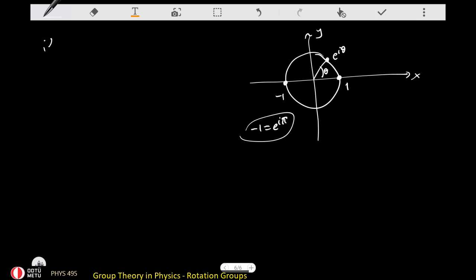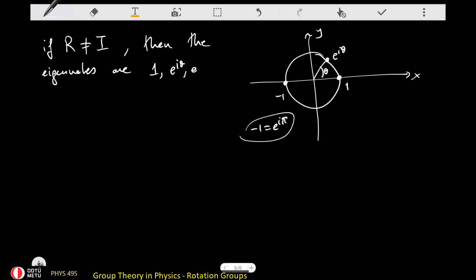If R is a proper rotation which is different than identity, then the eigenvalues are 1, e to the i theta, e to the minus i theta, where theta is now strictly positive, but less than or equal to pi. You can actually think of it like that.